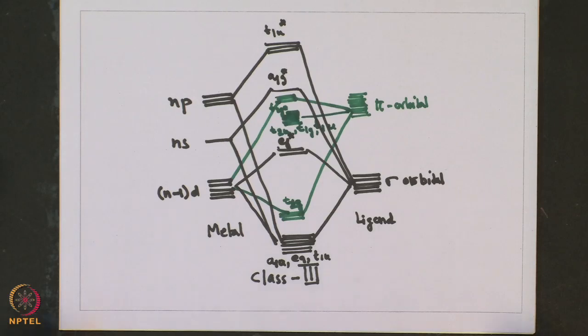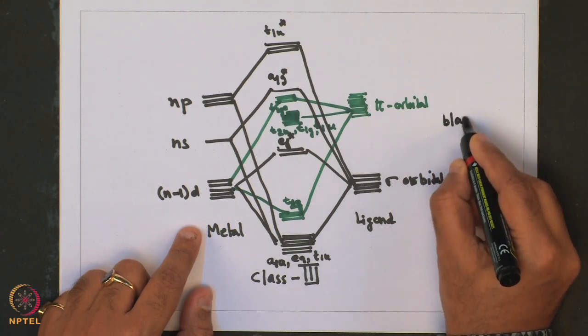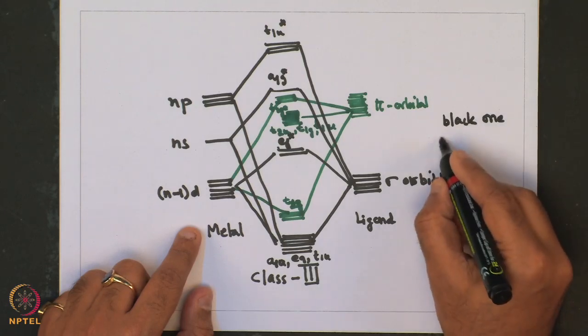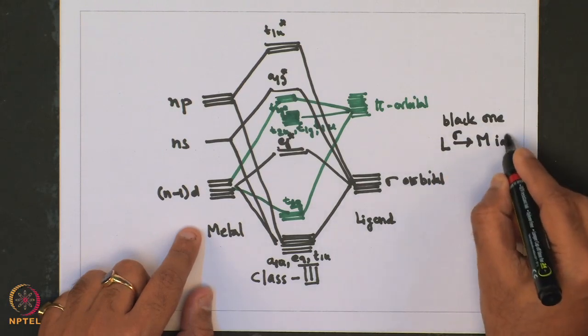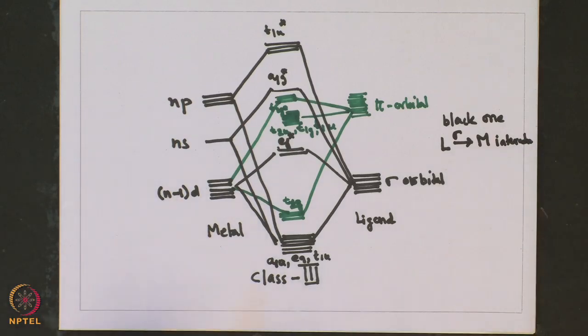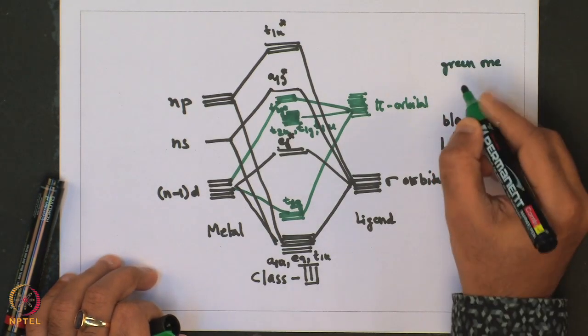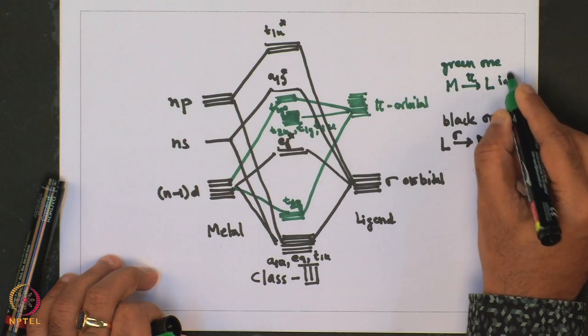So, what emerges is a two-way interaction. The first one, the black one, represents ligand to metal sigma interaction, and the green one represents metal to ligand pi interaction.